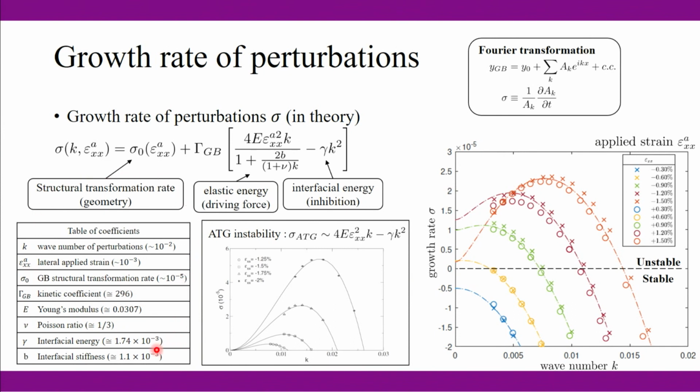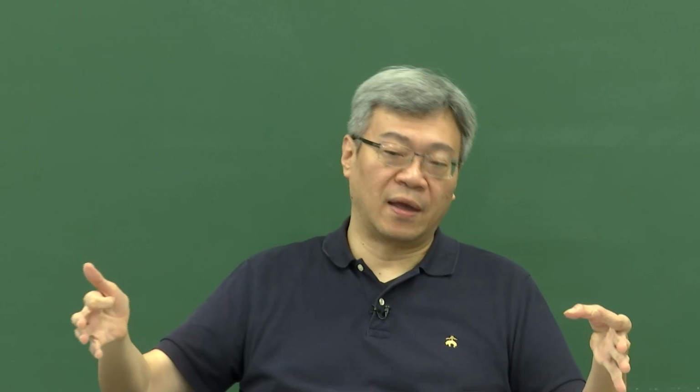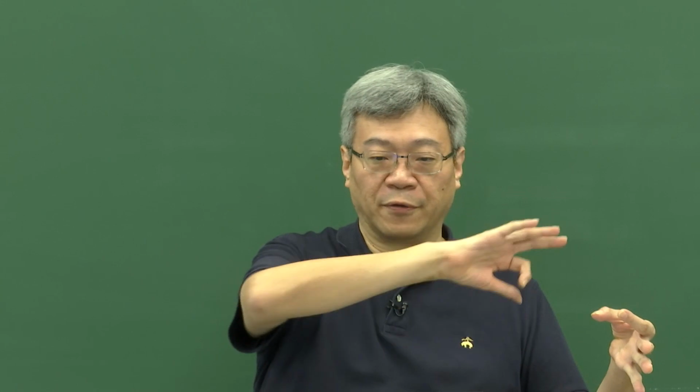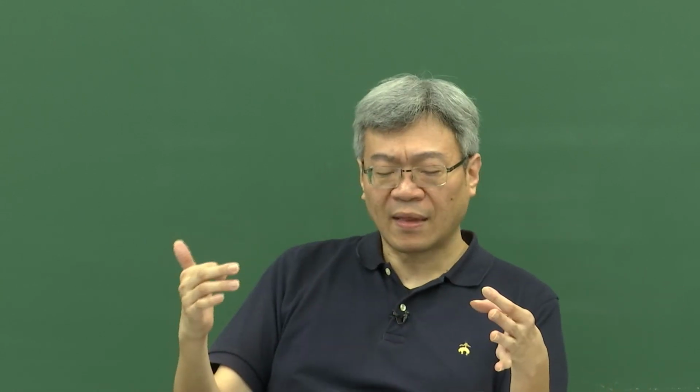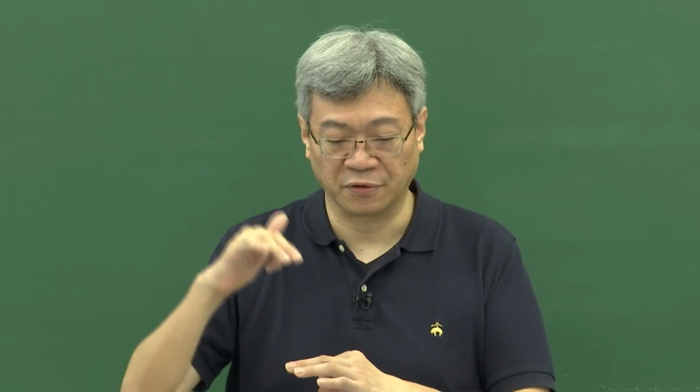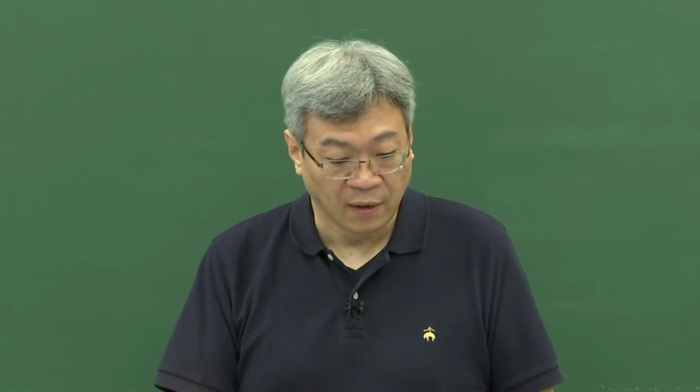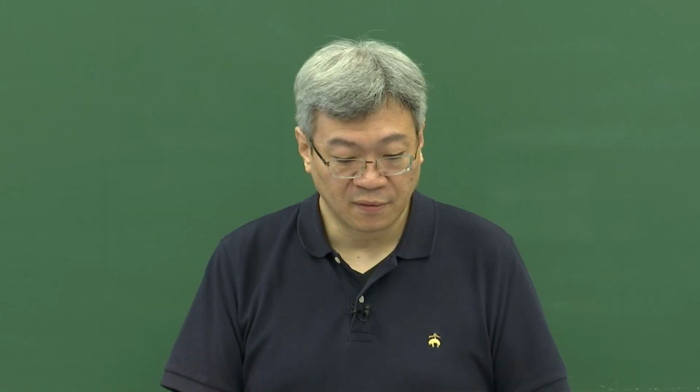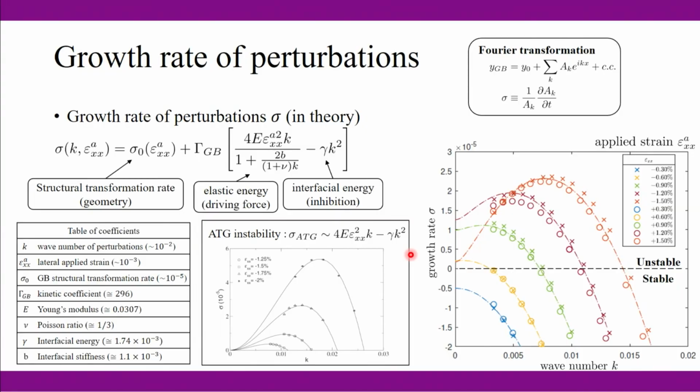If you measure the growth rate, you can set up different Lx and just perturb your grain boundary, then do a careful measurement to see how fast the amplitude is growing over time. Very similar to the ATG, but instead we're doing a solid surface. So the results are right here.